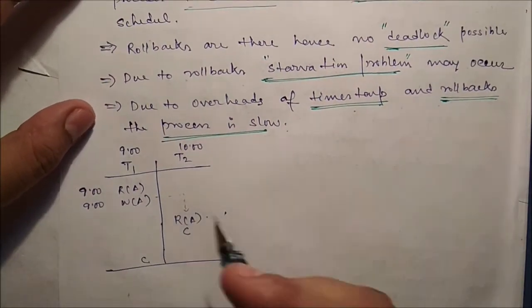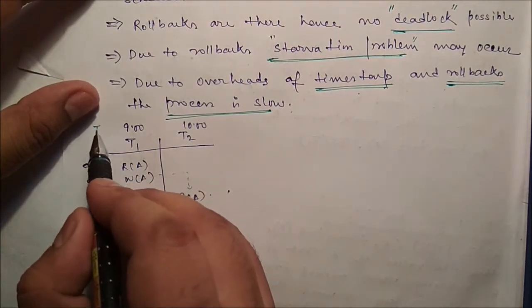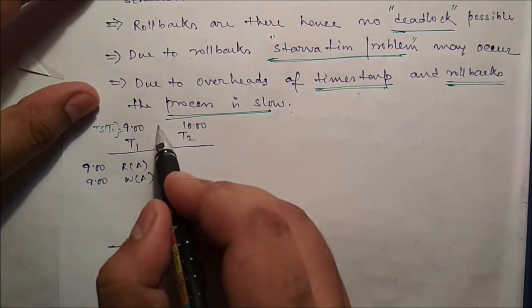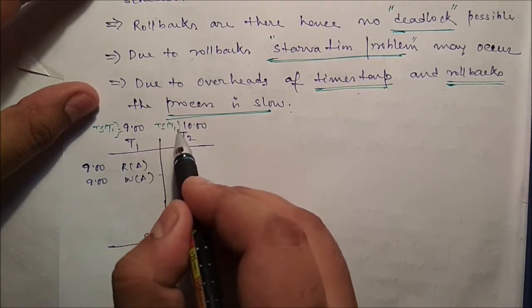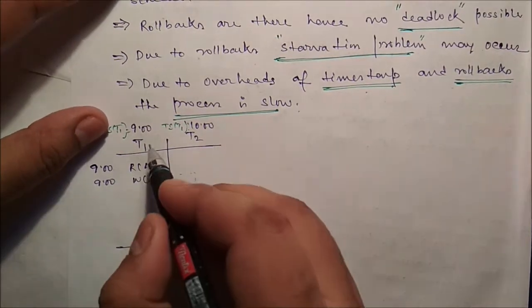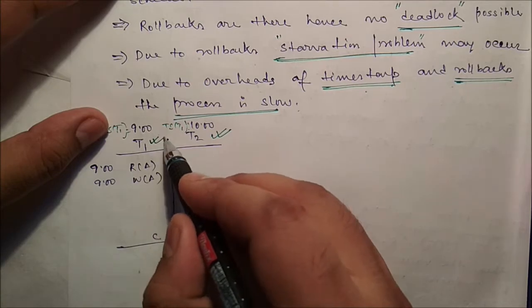Now we can see one example. Say two transactions are there, T1 and T2. TS(T1) is 9 AM and TS(T2) is 10 AM. So which one is the younger? This one is the younger transaction, and this is the older transaction.